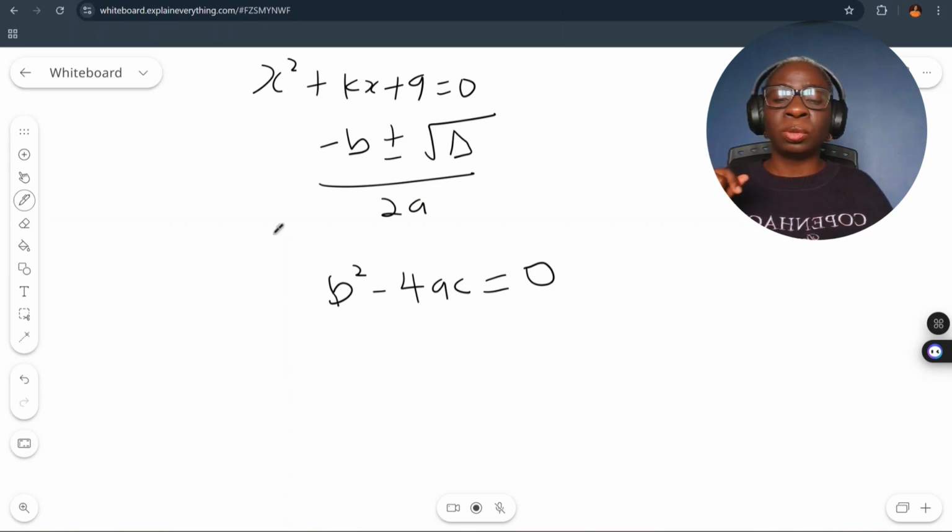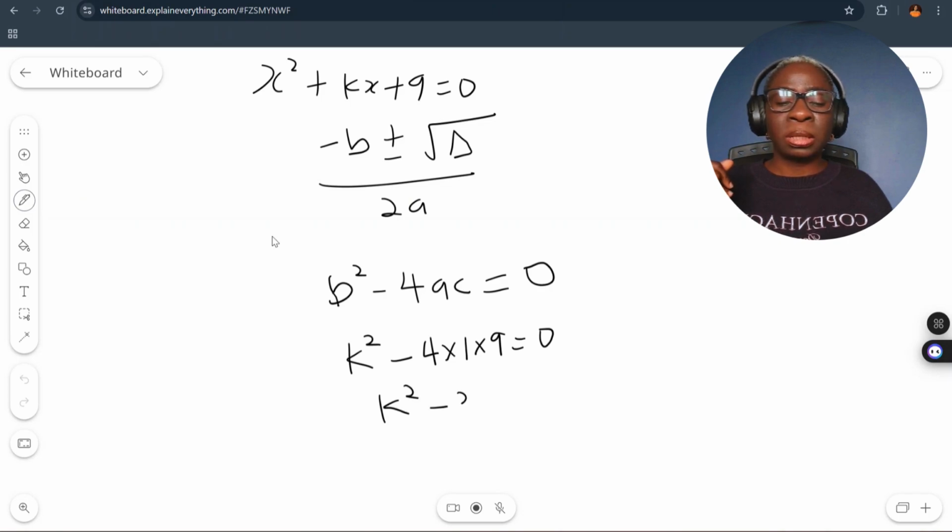So from the equation, what is b? b is k. That means we would have k squared minus 4 times what is a? 1, times what is c? 9, equals 0. So that means k squared minus 36 equals 0. That means k squared equals 36.